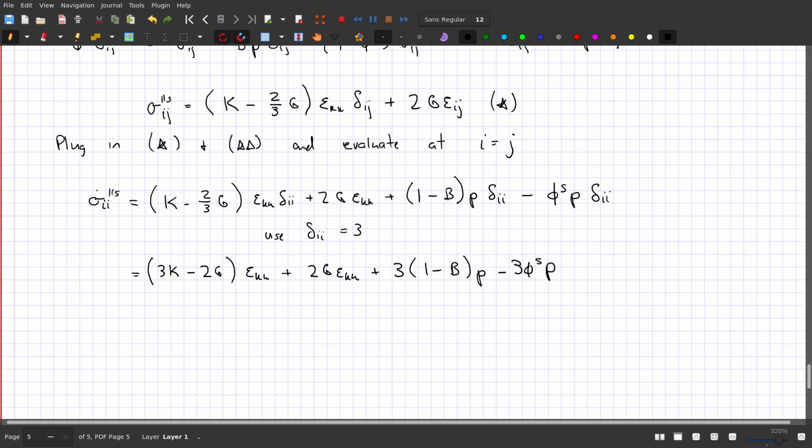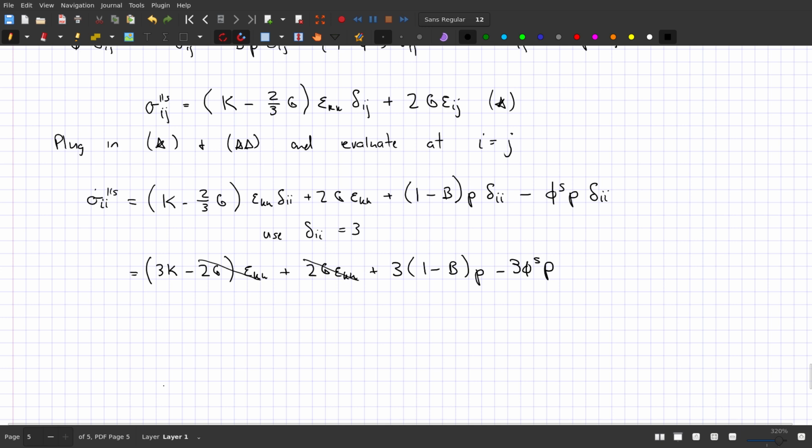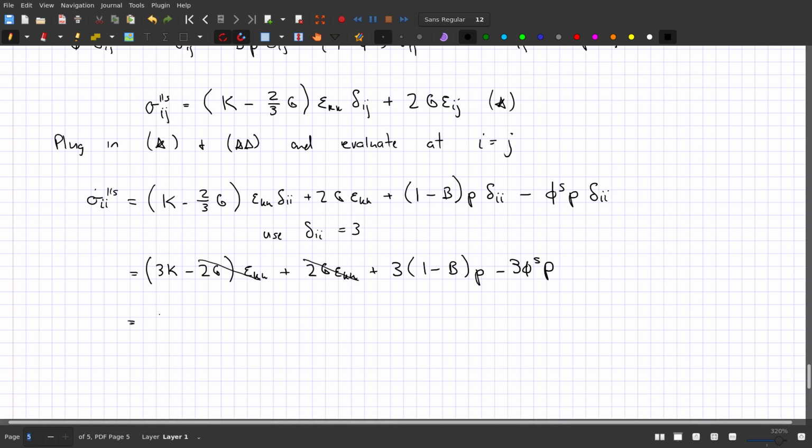Now notice there's a minus 2g sigma kk and a 2g sigma kk, right? So this results in 3k.